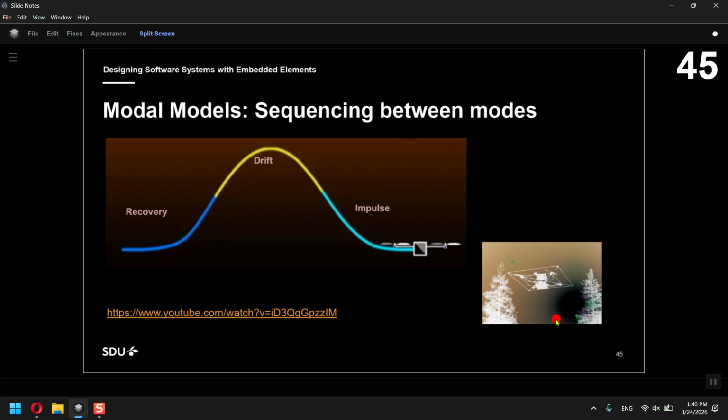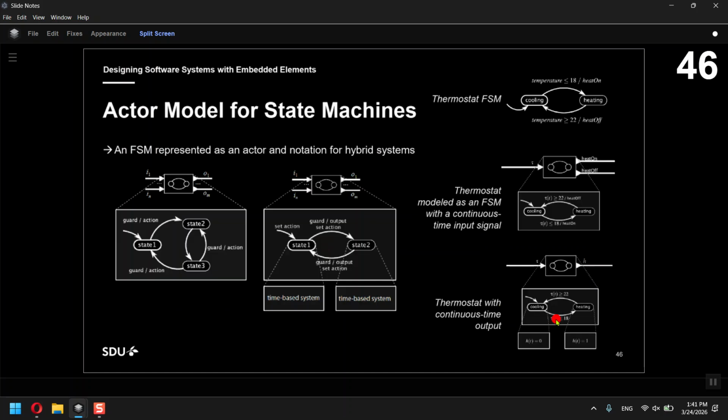The state will be modeled using a state machine, and the other part will be modeled using differential equations most of the time. So typically in these cases you will have again an actor model with state machines.